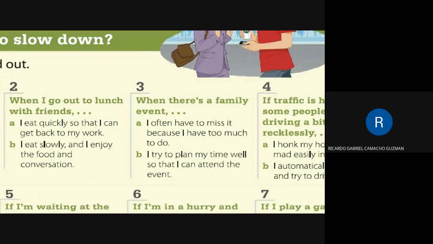Okay, so you prefer to eat quickly so you can have more time to talk? No, slowly. Oh, slowly. It's like a complement, eating slowly and speaking with other people. Yeah, that's true.